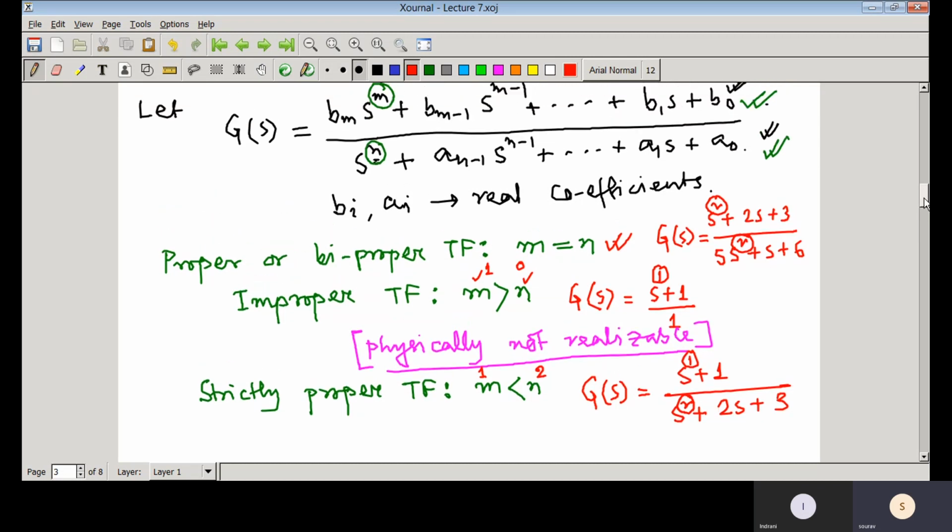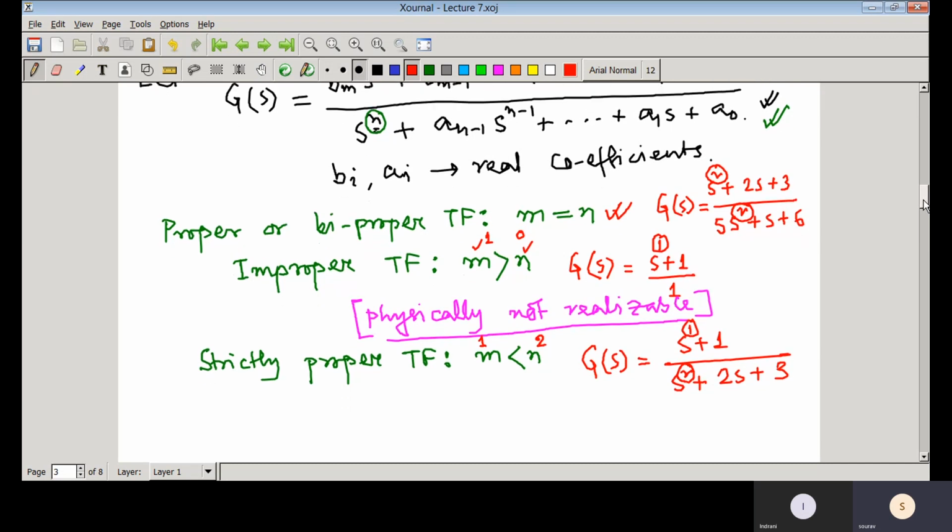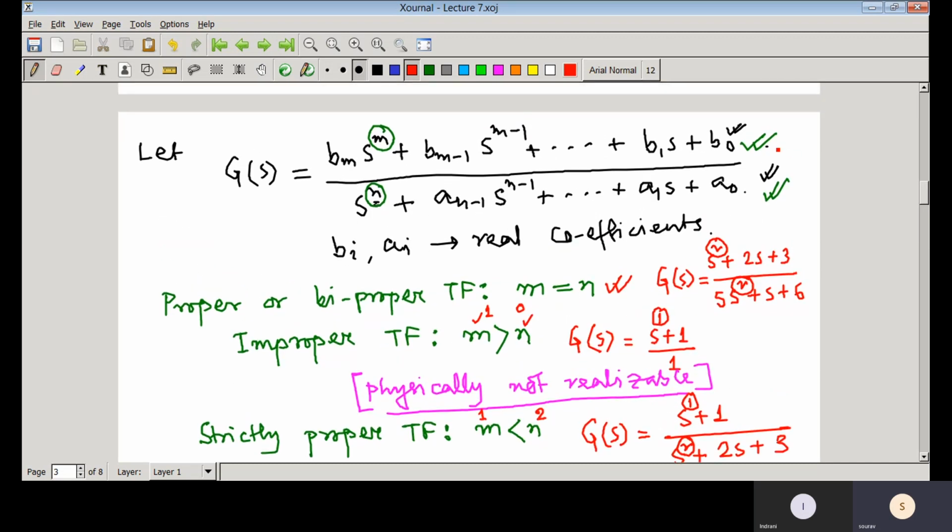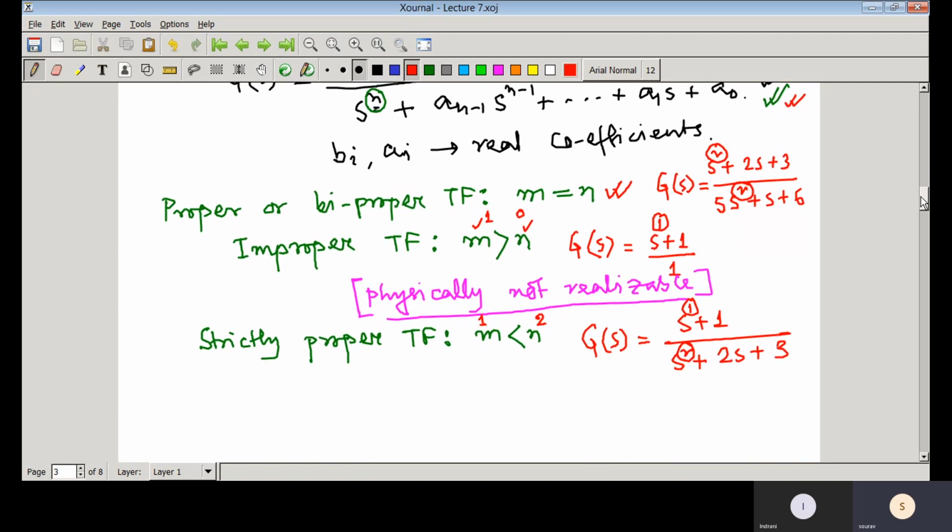So the transfer function, whenever you take it, is actually the ratio of two polynomials, numerator polynomial and denominator polynomial, and depending on the degree of the numerator and denominator polynomial, we can classify transfer functions in three different classes: the proper transfer function, improper transfer function and strictly proper transfer function.